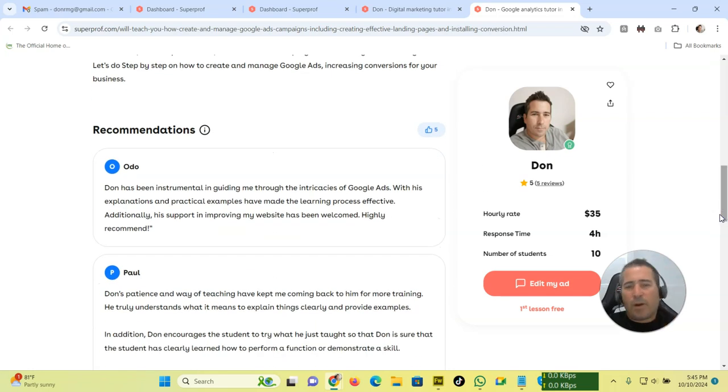Because remember, marketing is not about Google Ads, it's not about SEO only, it's not about email marketing. It's about what people are going to see when they go to your website, when they go to the landing page. How's it gonna be? How well structured the message is right there on the landing page. You have to be very precise.